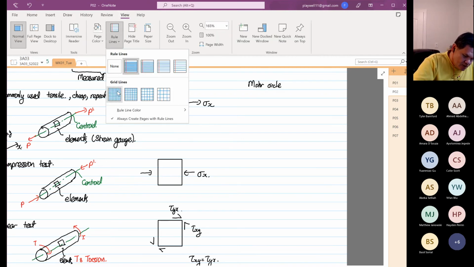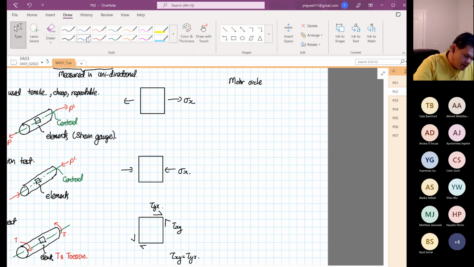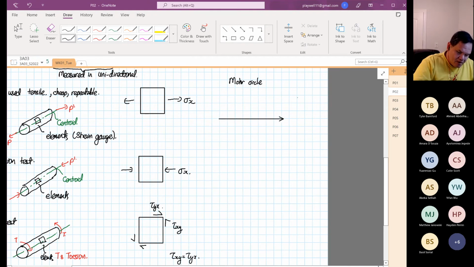If we were to draw Mohr's circle for this, on the x-axis, this is your normal stress, and on the y-axis, this is your shearing stress. Element rotates clockwise, element rotates anti-clockwise. Some of you will remember this.